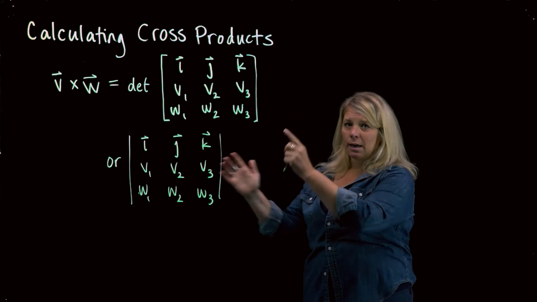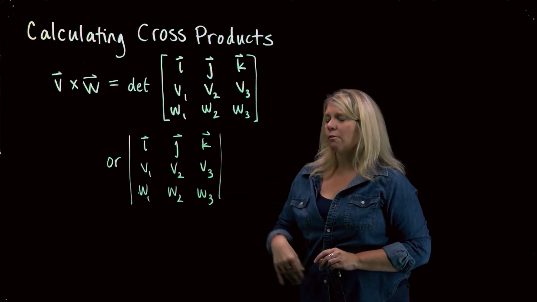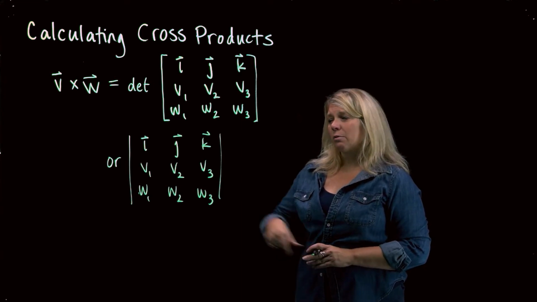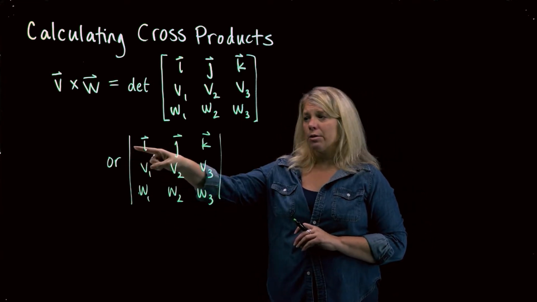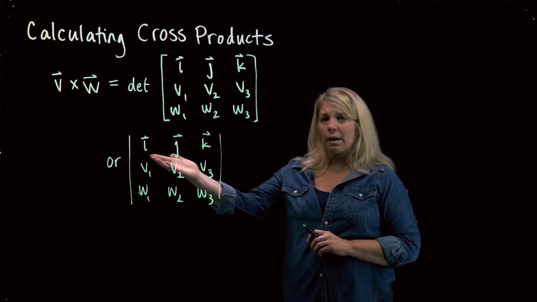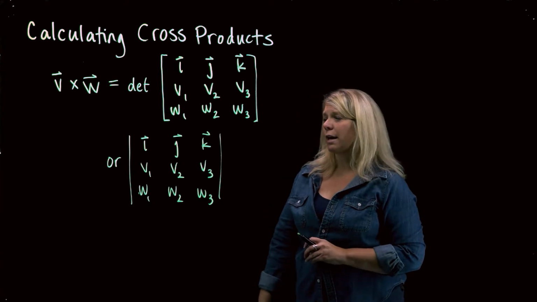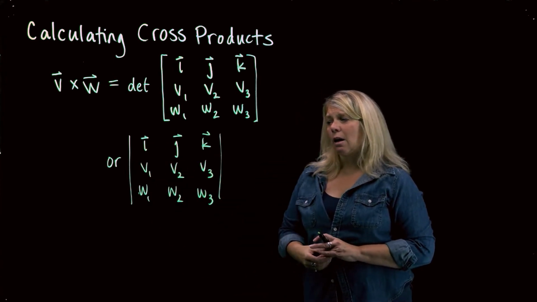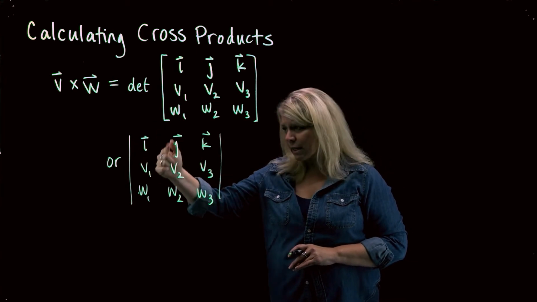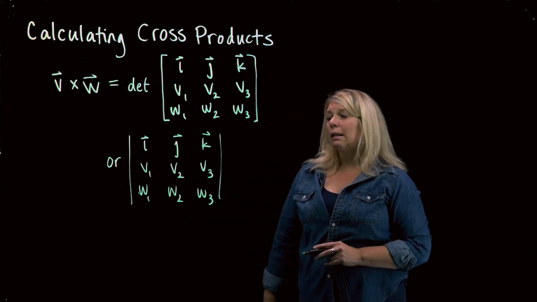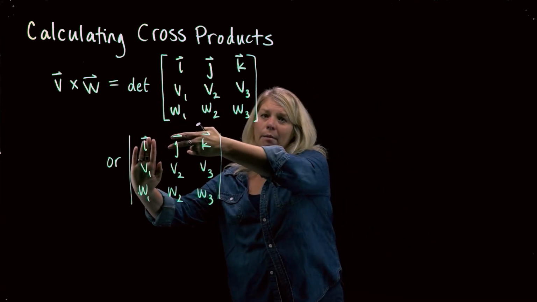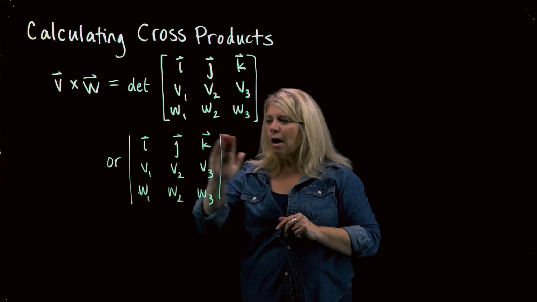I'm going to do some hand waving and then write down some formulas about this. To calculate this determinant of a 3x3 matrix, we're going to expand along the top row. You're always going to do it this way. If you've learned other ways to calculate determinants, this is what we're going to do, and it works well for cross products of two vectors. For the i, the first entry here, you want to think about eliminating the row and the column that the i is in. You can cover up with your hand or maybe draw a light line through.